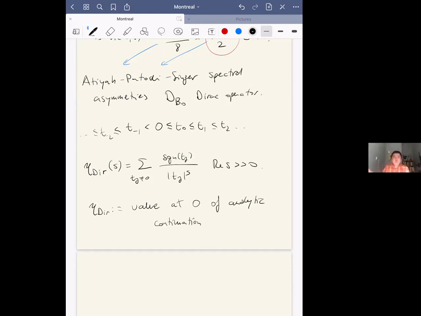It's a non-trivial result that it admits an analytic continuation which has a finite value at 0, and that's a natural way to make sense of this infinite spectral asymmetry. In general, it's just a real number.